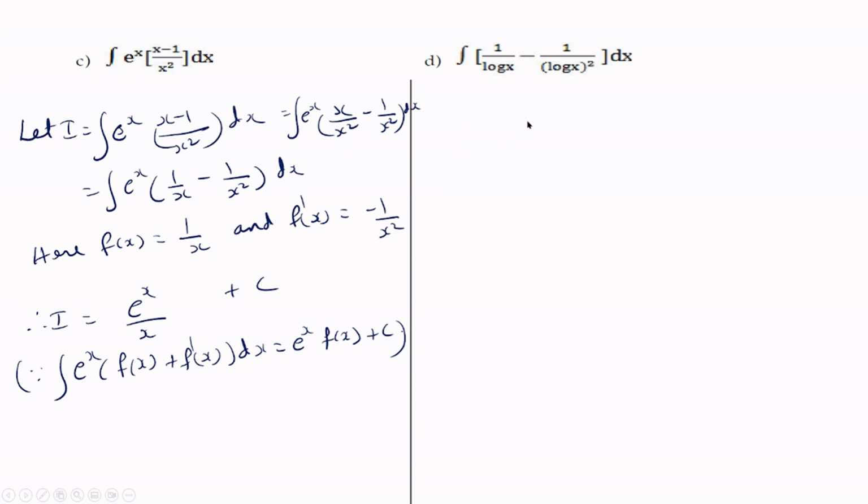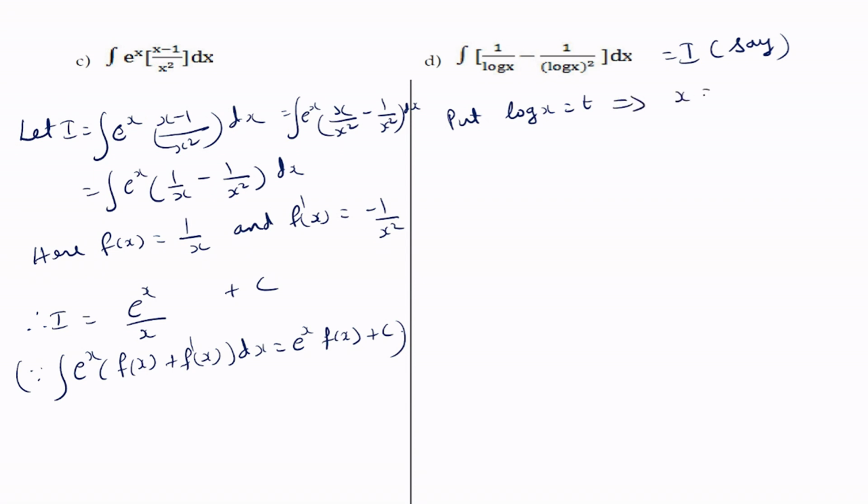Next we have the next subdivision, integral of 1 by log x minus 1 by (log x) whole square dx. So here, let us take this as equal to I. Now let us put log x equal to t.